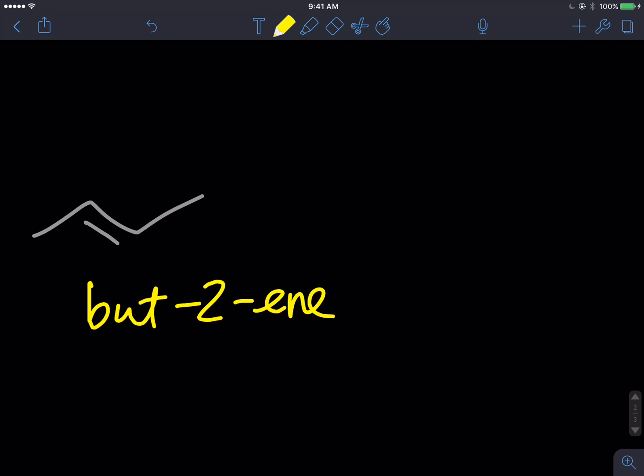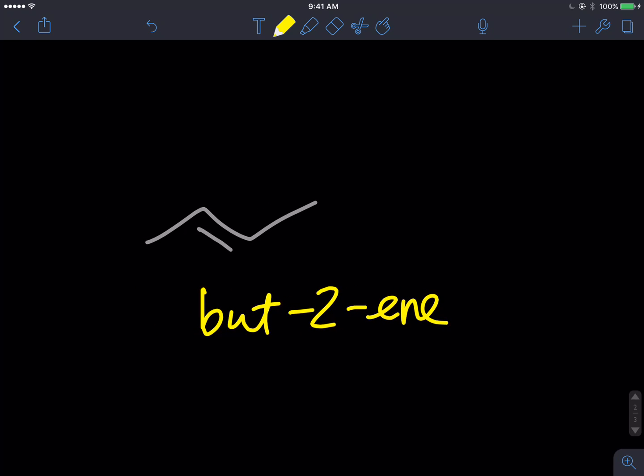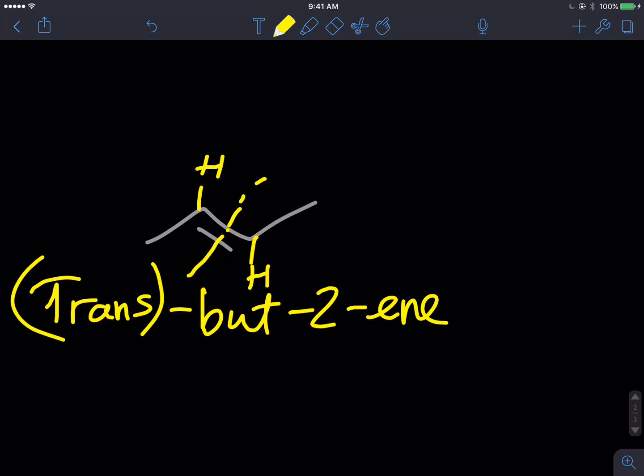But no, because whenever you see the double bond in an alkene, you have to consider trans or cis as well. So is this trans or cis? Hydrogen right there, hydrogen right there. So the opposite side, right? One up, one down. So it's going to be trans. So you need to do it like this: trans-but-2-ene. Okay.